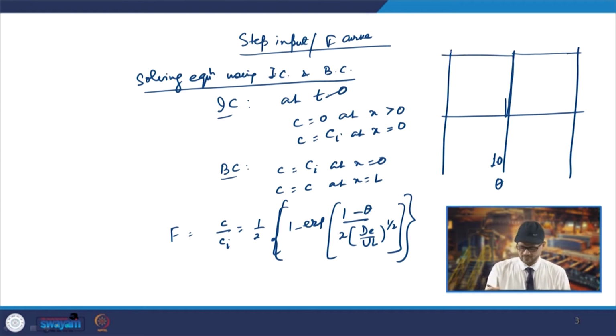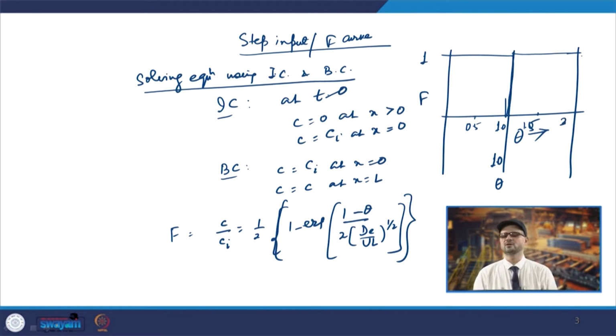So, this value is 1, this is F, and this is theta, with 0.5, 1, 1.5, and 2 like that. If it goes like this, this is dE by UL equal to 0.